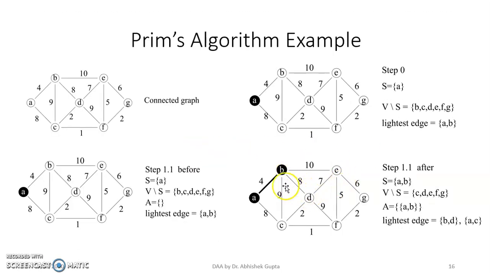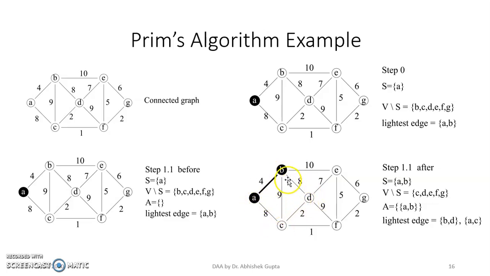In the next step we have to take another lightest edge which will be connected through A and B, right? So the connected edges are 8, 9, 8, 10. Either this one or this one, these two edges have the minimum weight, right?